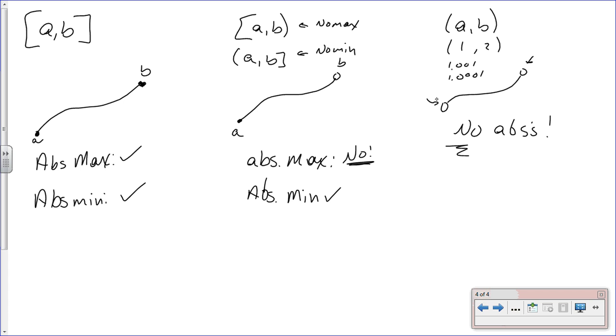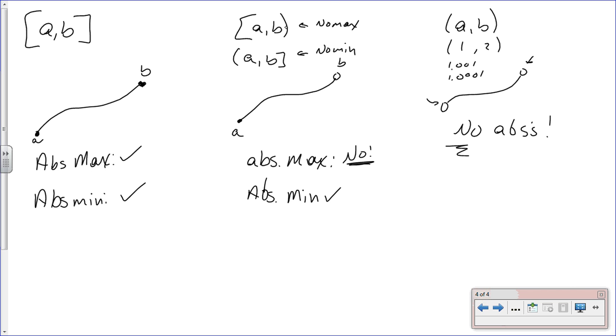You could throw another 9 on. So we could keep making the number bigger, so we would never actually get to the largest value. Kind of like you can't get into infinity, you can't actually get to the largest value that is smaller than 2.